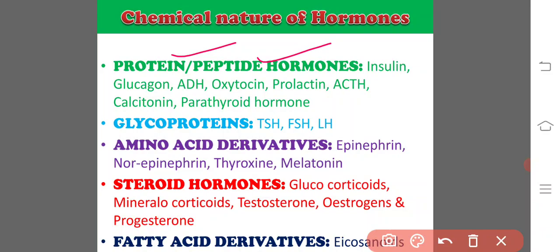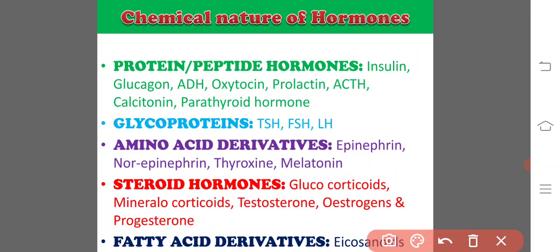The best examples for the protein or peptide hormones: insulin, glucagon, antidiuretic hormone or vasopressin, oxytocin, prolactin, adrenocorticotropic hormone ACTH, calcitonin and parathormone or parathyroid hormone. These all are chemically protein or peptide hormones.